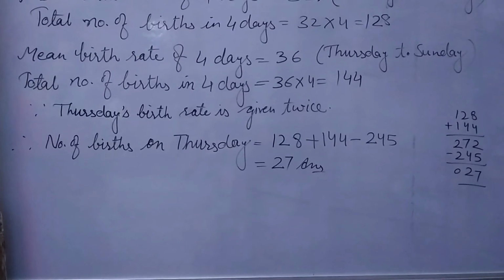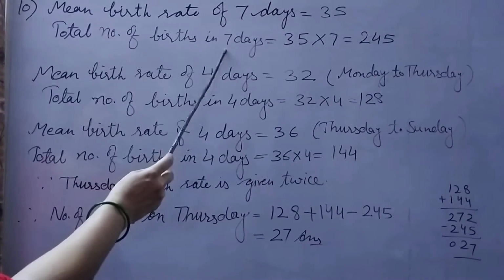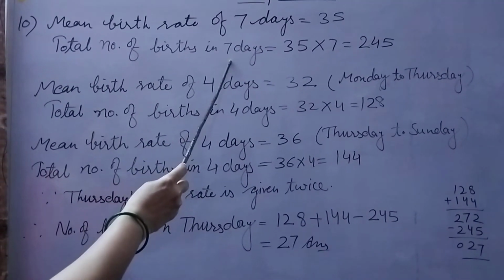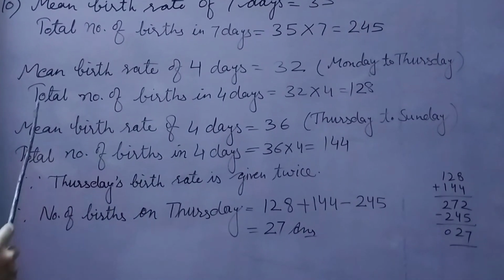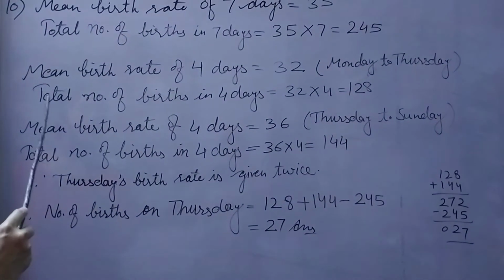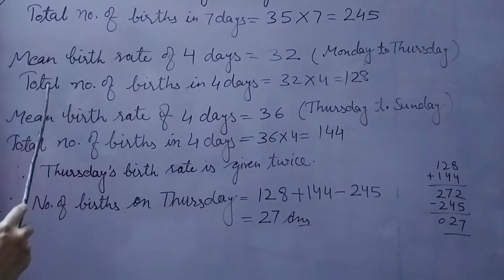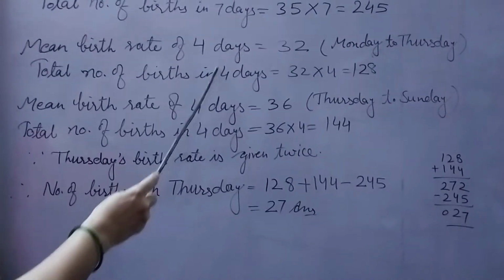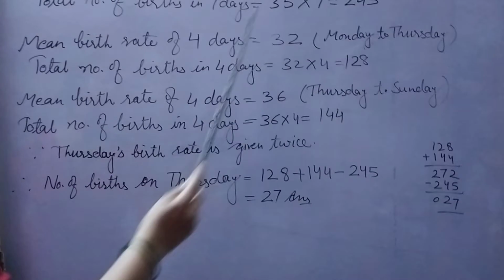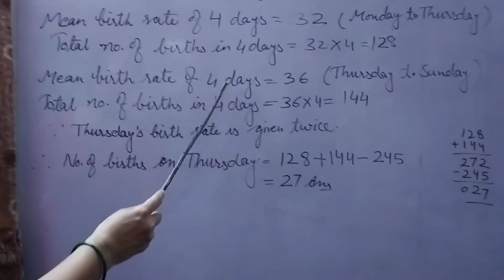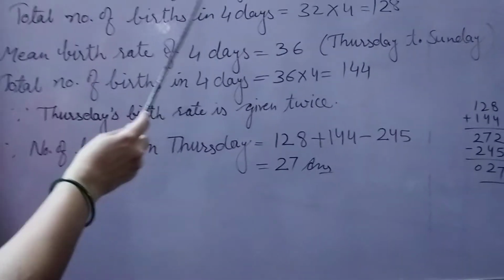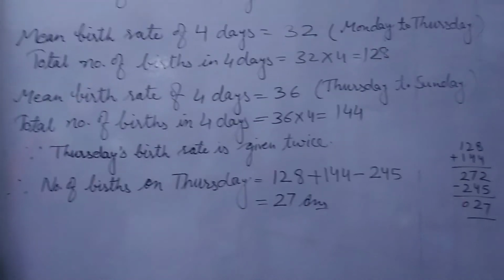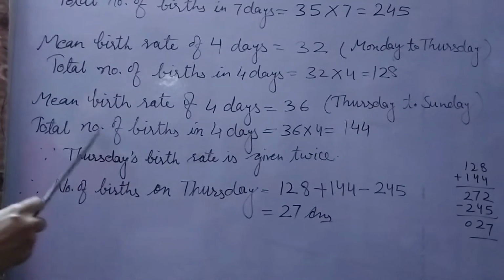Here see, total number of births in 7 days is given here. We found the number of births in 4 days, Monday to Thursday, and next in 4 days from Thursday to Sunday, means 4 plus 4, 8 days number of births we found here.